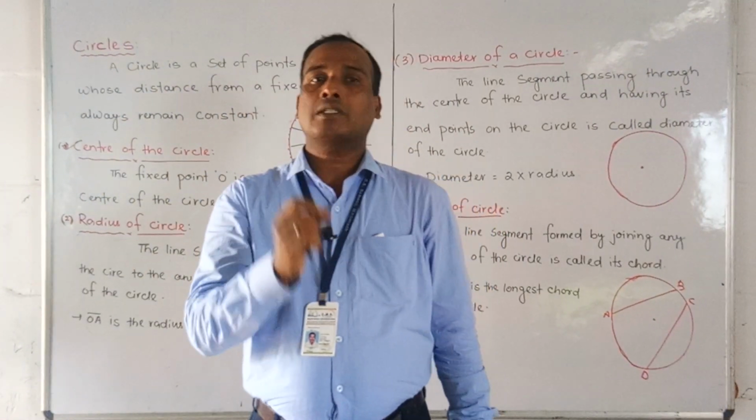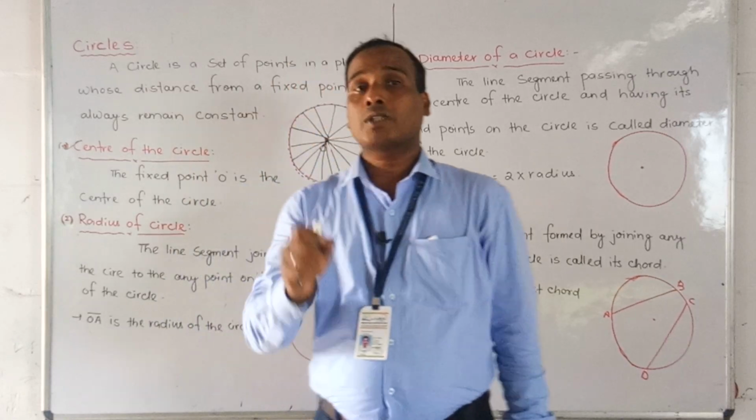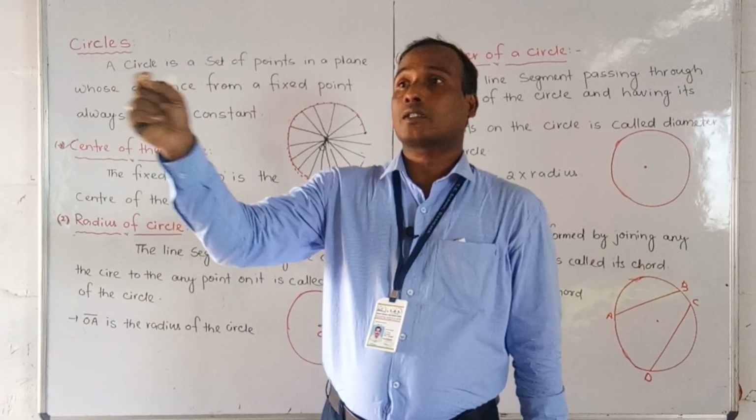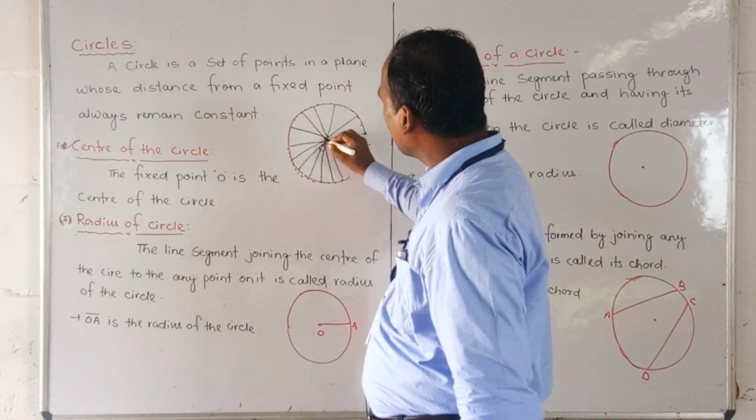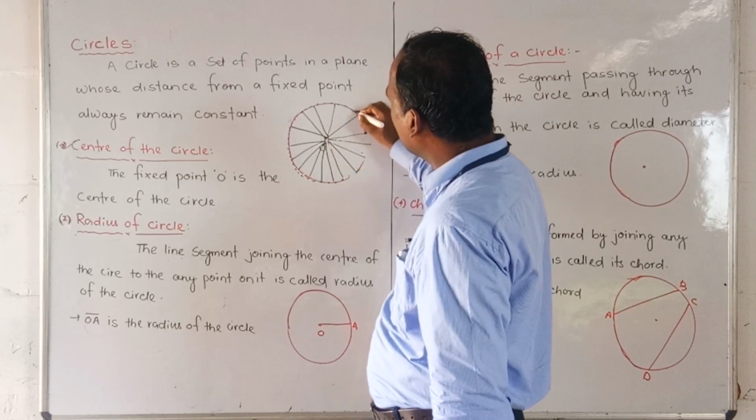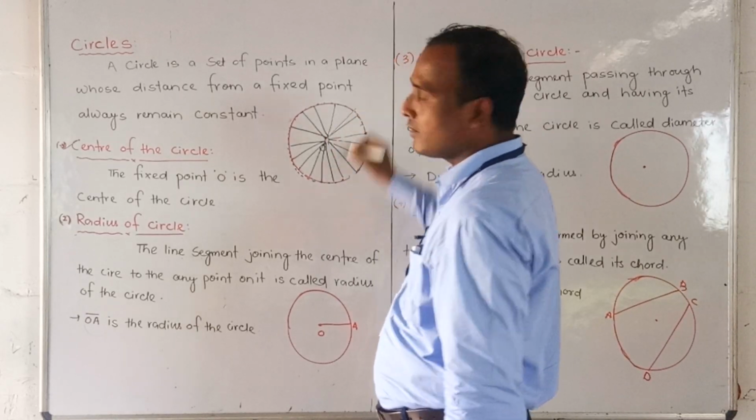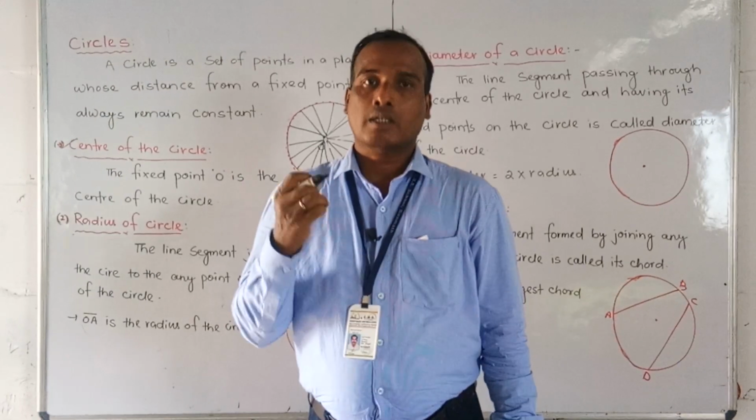The line segment joining the center of the circle to the boundary of the circle is called a radius.